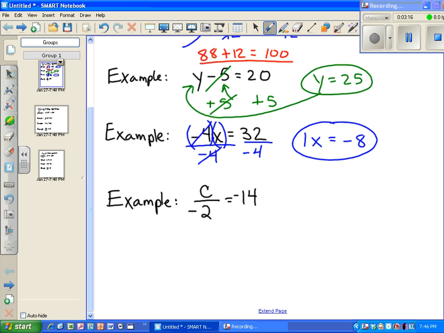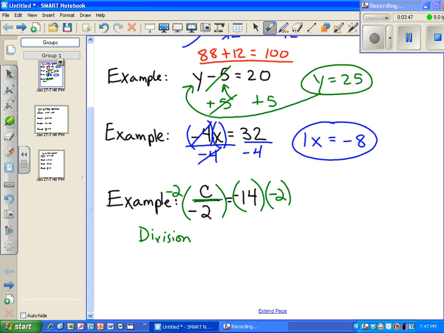As we look at our very last one, this generally confuses a lot of people because of that right there. They go, oh, fractions. Oh no, can't do a fraction. Well, let's remember, every fraction is just a division problem. And if it's a division problem, it means we can undo it with multiplication. So I'm going to multiply both sides by negative 2.